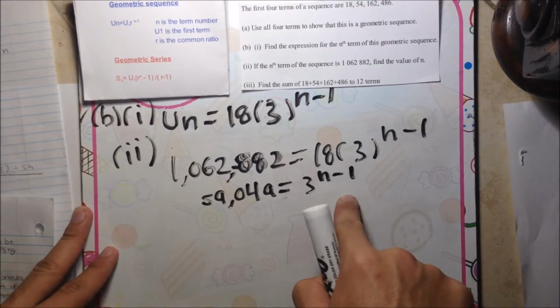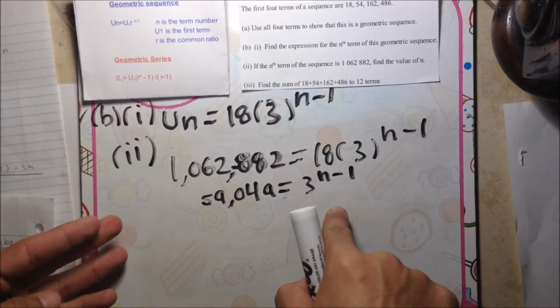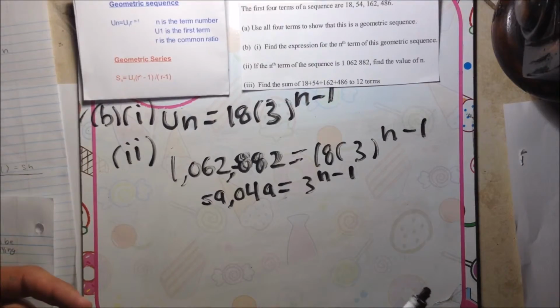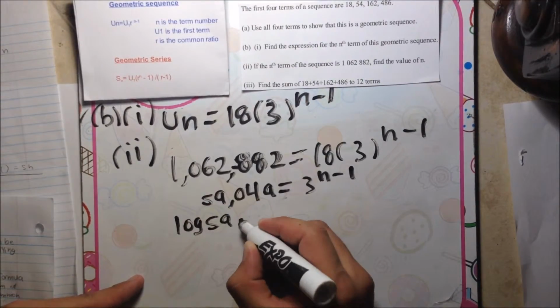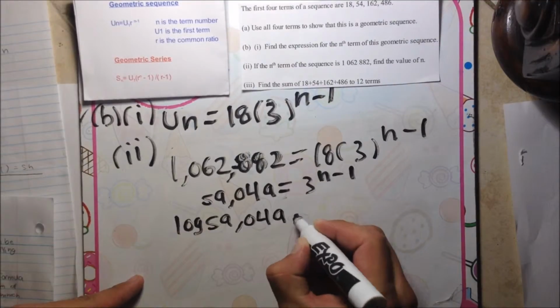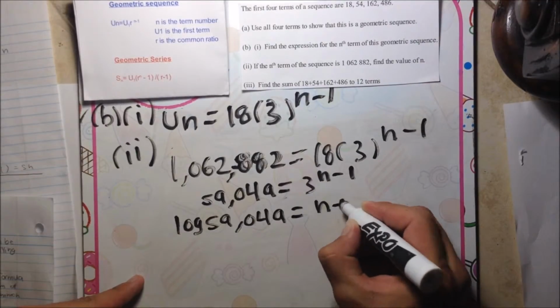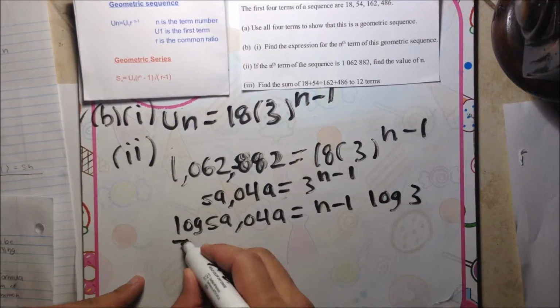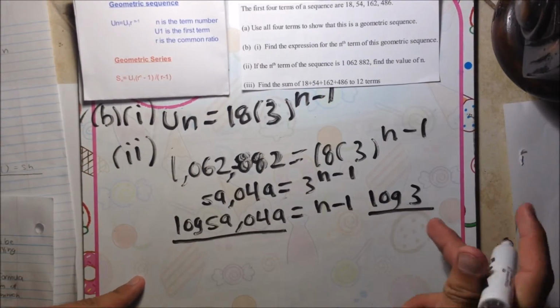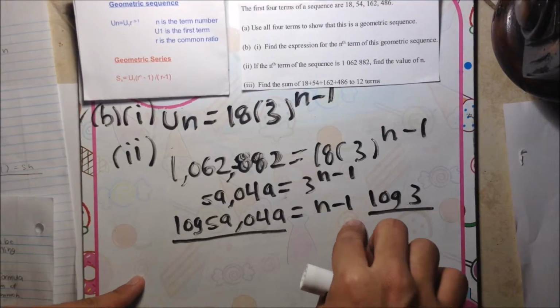Now we have to get rid of the exponent in order to solve for n. So the way we do this is we use log. So log 59,049 equals n minus 1 times log 3. Now as you can see, we have log on each side, so we can actually divide because the log is being multiplied with this.